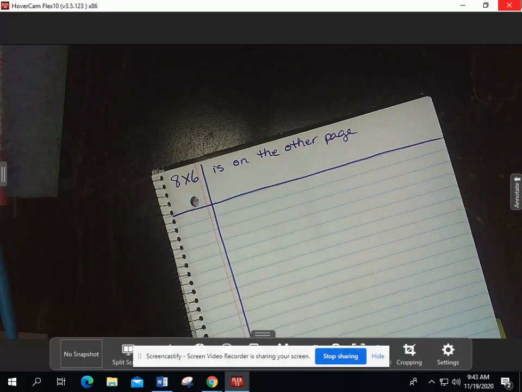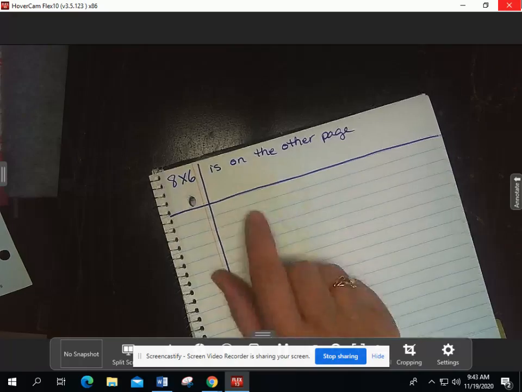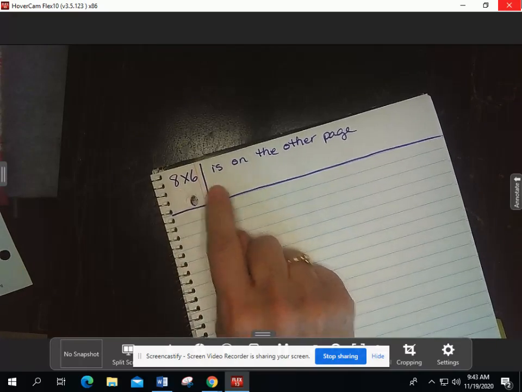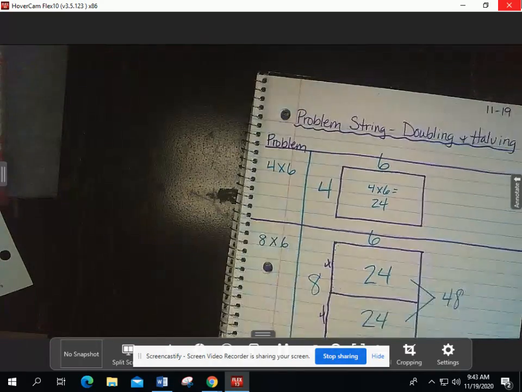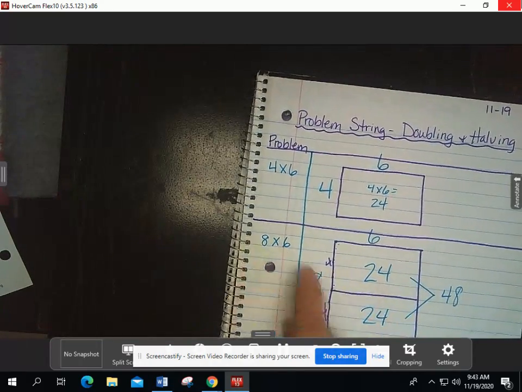Everybody sees that? What do we have? People at home, if you have to pause the video to catch up with us, that's great. Okay, so we're going to continue doing this. We did the 8 times 6. Some of you have your pages open like this and you can see it really well. So here's our 8 times 6.